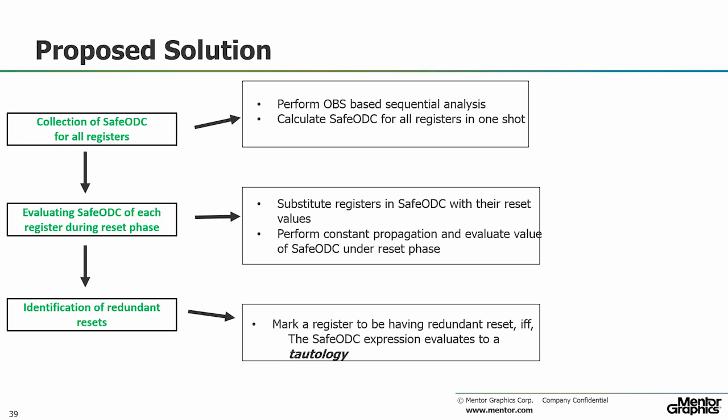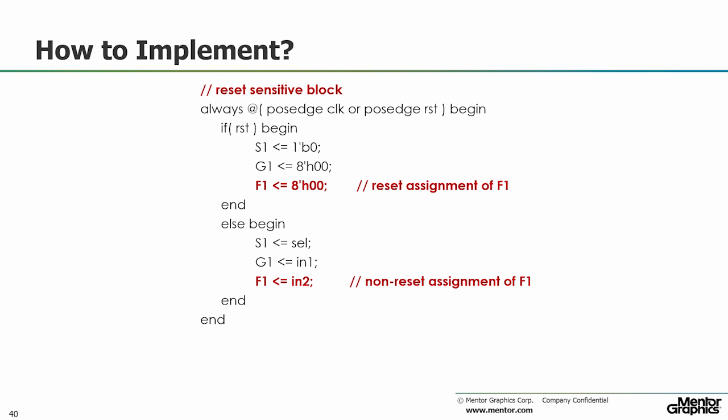Once we have figured out which register has the redundant reset, the question is how to implement this change in the RTL. That is, how to remove the reset of the register. This is a sample RTL having 3 registers, each of which has the same asynchronous reset signal RST. And let's assume that the reset of the register F1 has been found to be redundant.